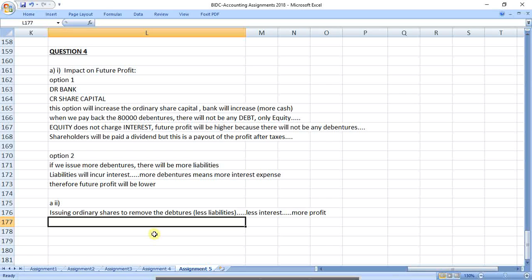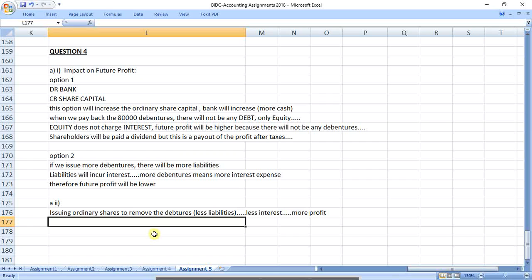Right, it's out of 3, so I think we need to give a bit more. Yeah, give reasons for your answer. Let's think now. If I'm going to be issuing share capital, you could talk about benefits of issuing share capital.